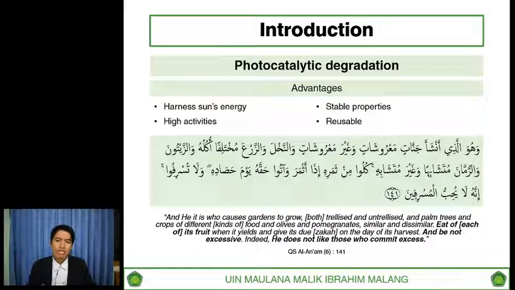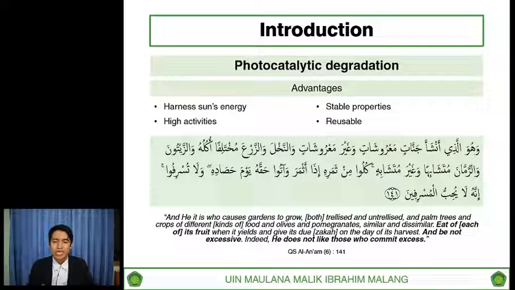Allah particularly said in this ayah that we are allowed to consume what Allah provides to us by using the word kulu. But He also warns us by using the words wala tusrifu. Be not excessive, or don't overconsume something that Allah has provided us, because innahu la yuhibbul musrifin, because Allah does not like those who overconsume.